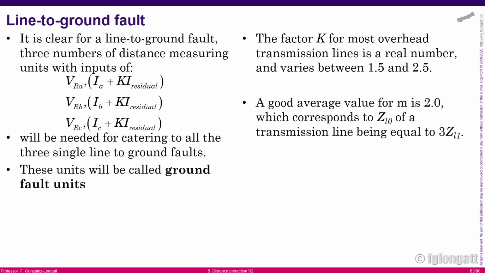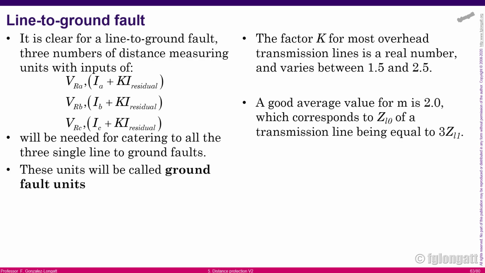Okay, but now what we need to understand is that we can then set distance relay protections. Now we can set distance relay protections, and these settings will be specifically for line to ground faults, okay? And what will be the settings?